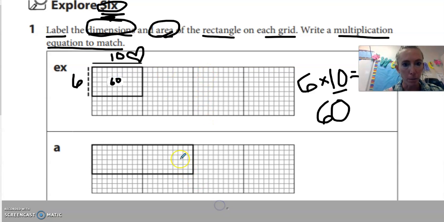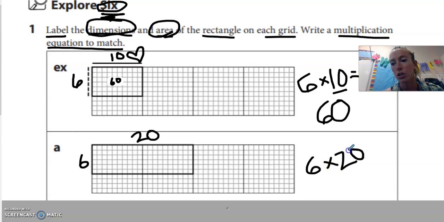Oh man, what happened to the picture? What dimension changed? So now I still have my factor of 6, but my other dimension is now not 10, now it's 20. So now to find this entire area, I'm going to have to do 6 times 20. So now what are we at?